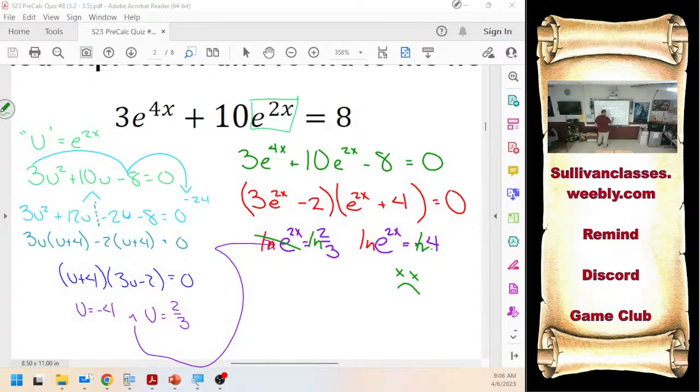But over here, I'll get 2x is the ln of 2/3. Divide by 2, and I can write this over 2, or I can just shove a 1/2 in front. Your choice.